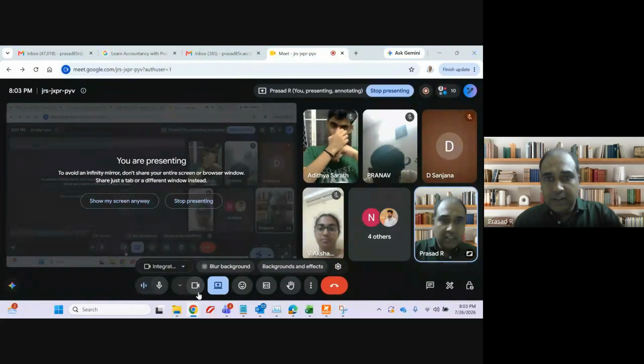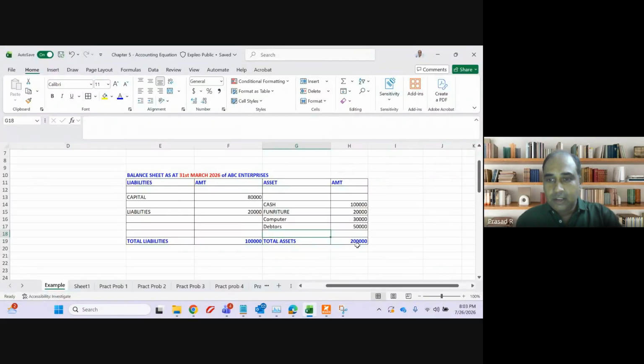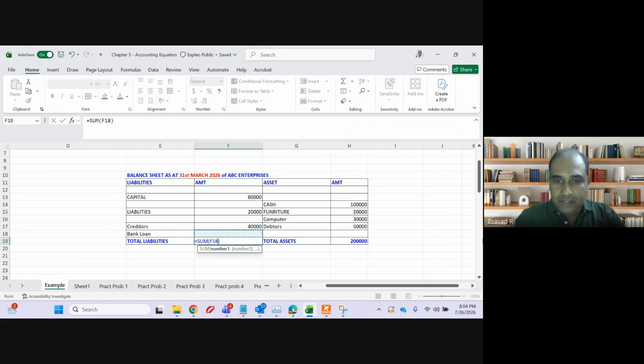So in the first class, we discussed this accounting equation. Now I am changing the balance sheet a little bit, and I will introduce one category of creditors: creditors of 40,000. Bank loan of 60,000. My total of assets and liabilities should match, right? Now my liabilities total is 2 lakh, and my assets are also 2 lakh.